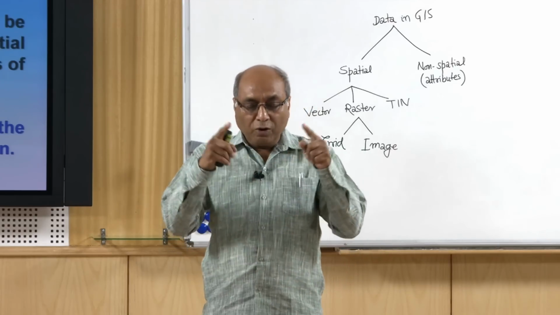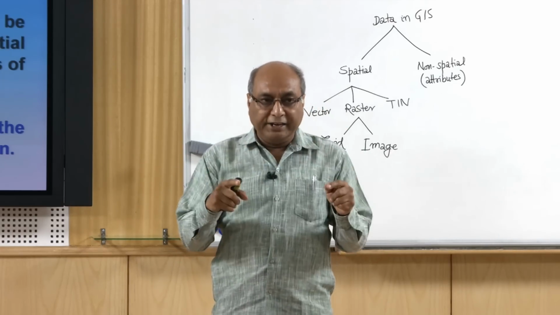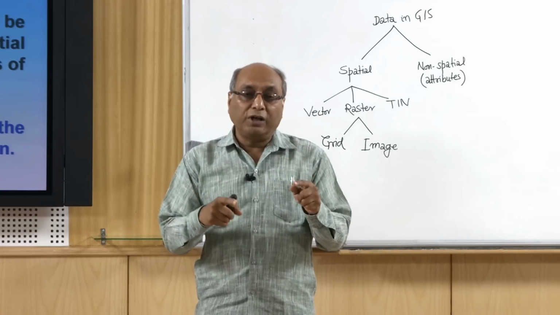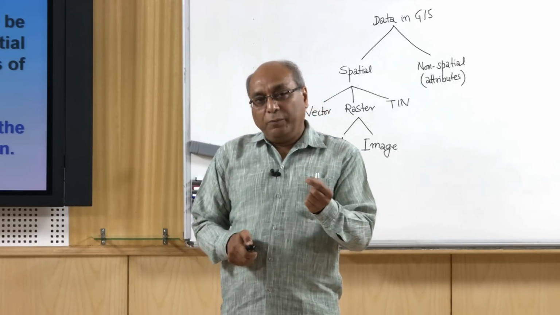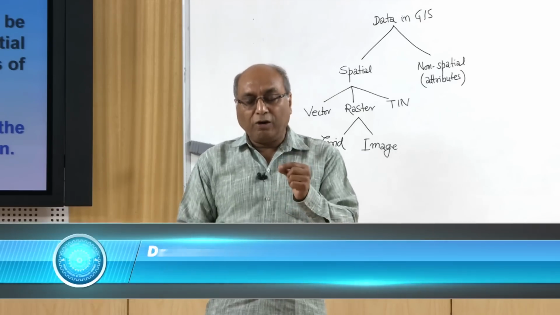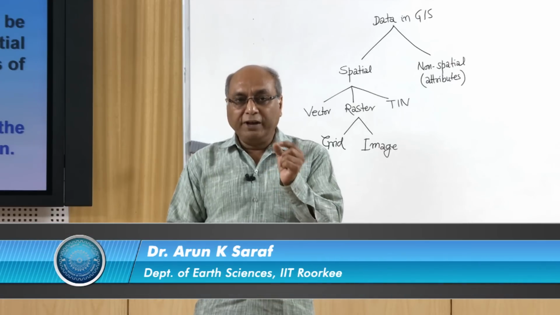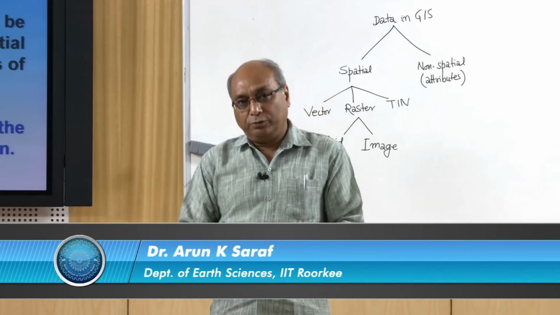That means the number of rows and columns needed to cover the same area is going to be more, and the ground area that 1 pixel of that high resolution image represents is very, very small compared to an image with relatively low resolution.